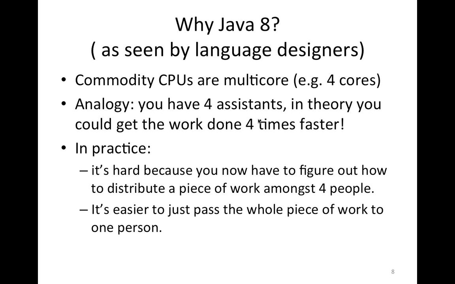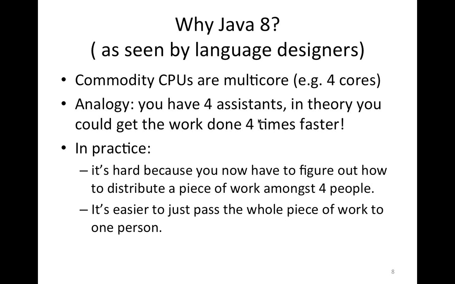Unfortunately, it's not so easy. Here's an analogy that I quite like. Let's say the task is to make coffee. If you have one assistant, it's fairly straightforward to ask the person to make coffee. You tell them, okay, just get the beans, put them in the machine, get a cup, wait, and then my coffee is ready.